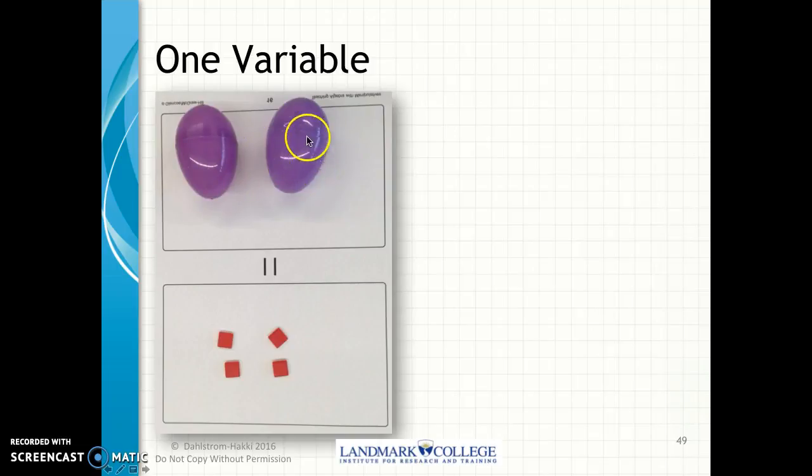So there's the same number in this egg as this egg, but I don't know how much is in each of these eggs. I also know that on this side of my little board, I have 4 red squares, and that whatever is in these 2 eggs is equal to these 4 red squares.